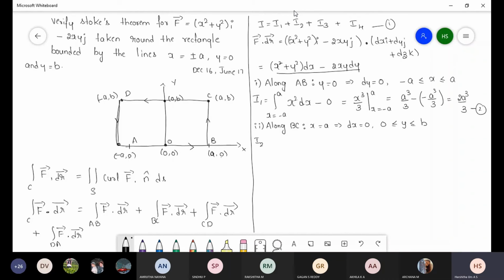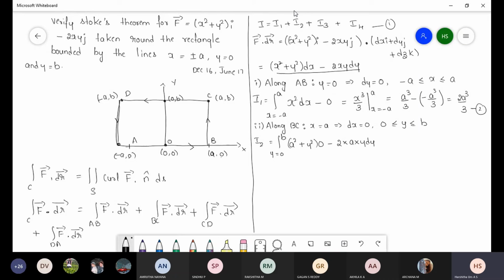I2 is equal to the integral from y equal to 0 to b. Again, in the place of x I will write a square plus y square, and in the place of dx I will write 0 minus 2 into a into y into dy.